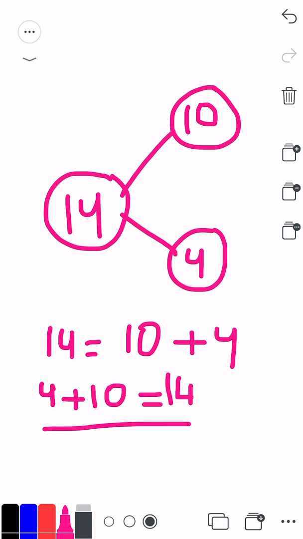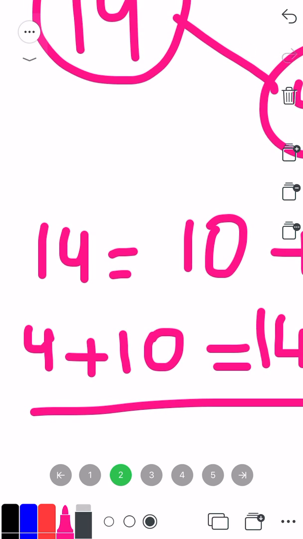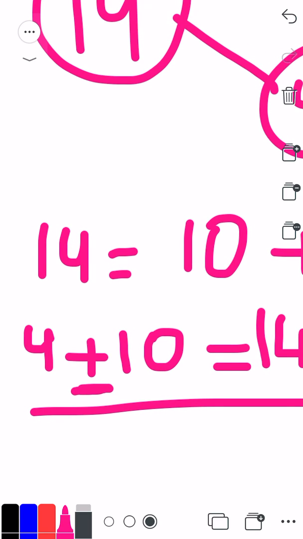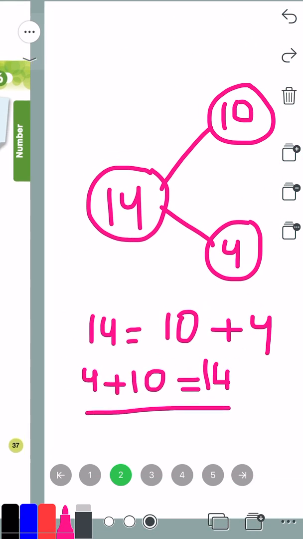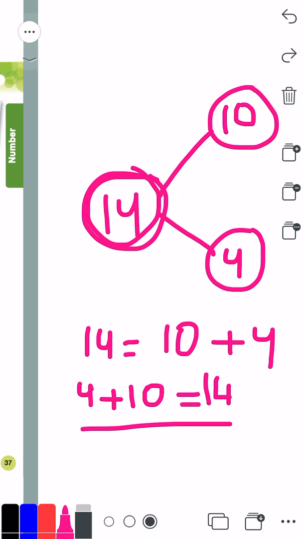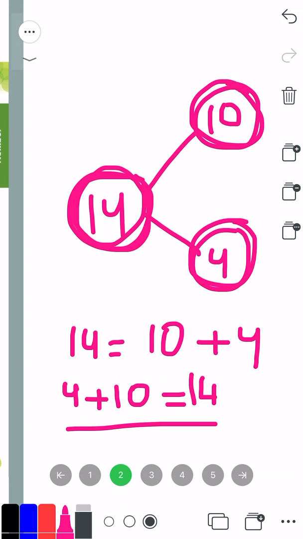We call this an addition number sentence because we use the plus sign, and the plus sign is to add numbers together. So 14 equals the smaller numbers added together, like 4 plus 10 or 10 plus 4 equals 14.